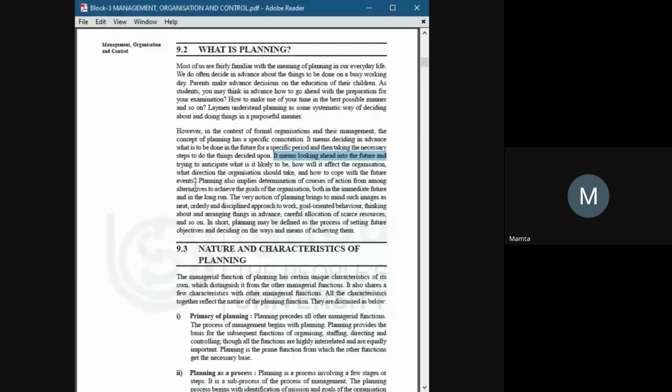So every business has different goals. I know they have a motive of profit, but the goals are different to achieve that motive. And to accomplish that goal, they need to do planning so that they can work toward their goal. That's what planning is in a business organization.